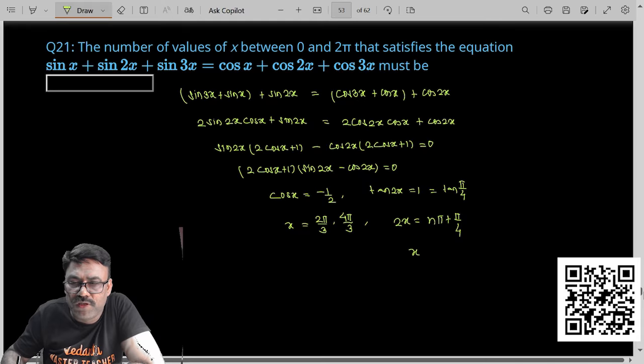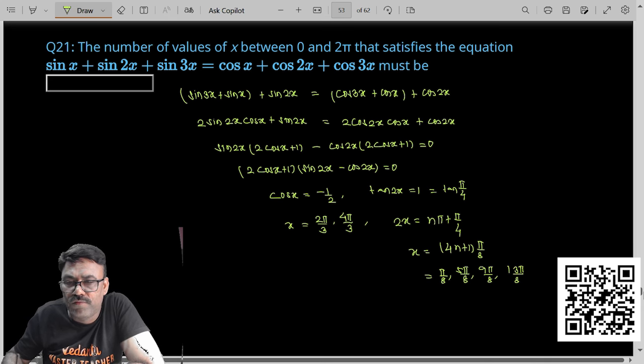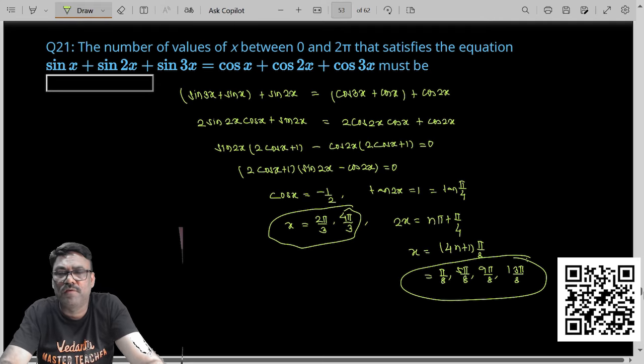This gives x is equal to (4n plus 1) pi by 8. In 0 to 2 pi, it gives you pi by 8, then 5 pi by 8, then 9 pi by 8, then 13 pi by 8. So it gives you 4 solutions. The total number of solutions is 6: 2 here and 4 here.